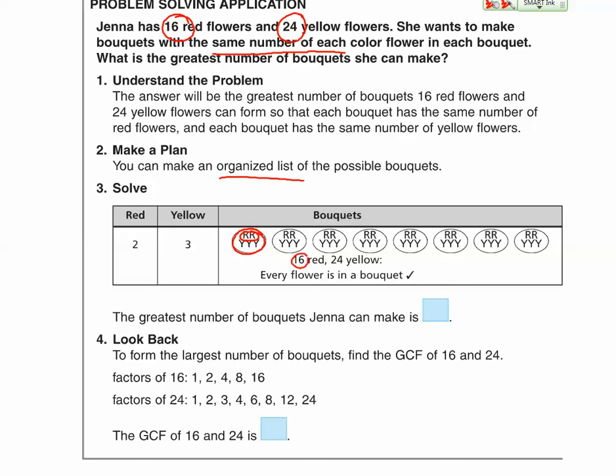It would also allow us to have 3 yellow. 3 times 8 is 24. Every flower in the bouquet would be even. Each bouquet would have 2 reds and 3 yellows. So the greatest number of bouquets that she can make is 8.